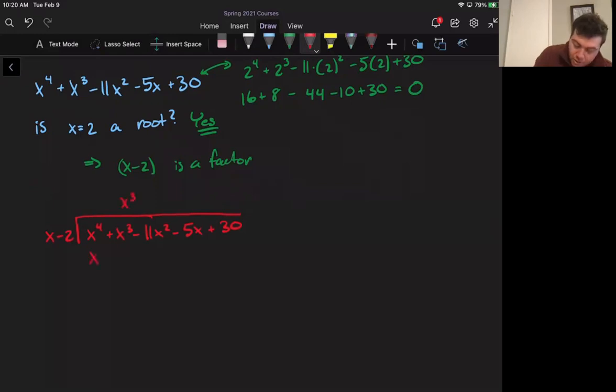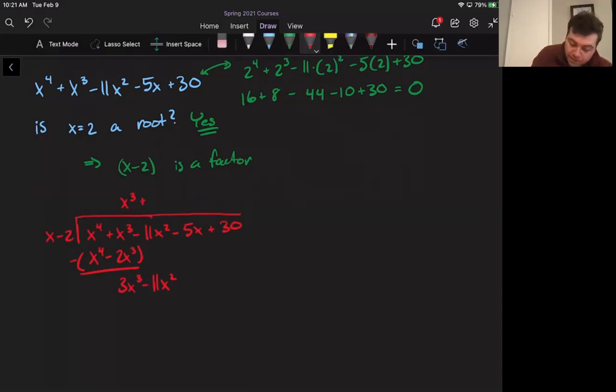And we get x to the 4th minus 2x cubed, because we multiply that to the entire term. That gives us 3x cubed, and we bring down 11x. And now we have to add on our next term that will multiply to x minus 2 to match 3x cubed.